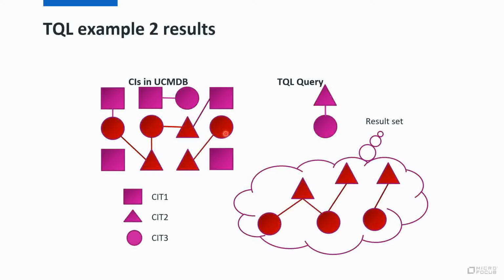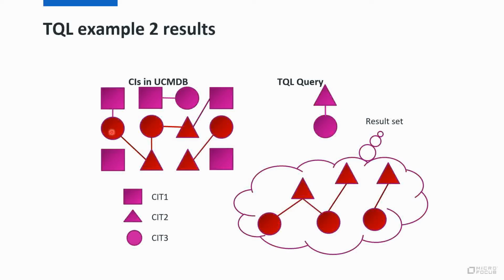What we would actually return in memory are these discrete sets of triangles and circles. So we would actually return this one, this one, this one, and this one. That would be 4 triangles and 4 circles.